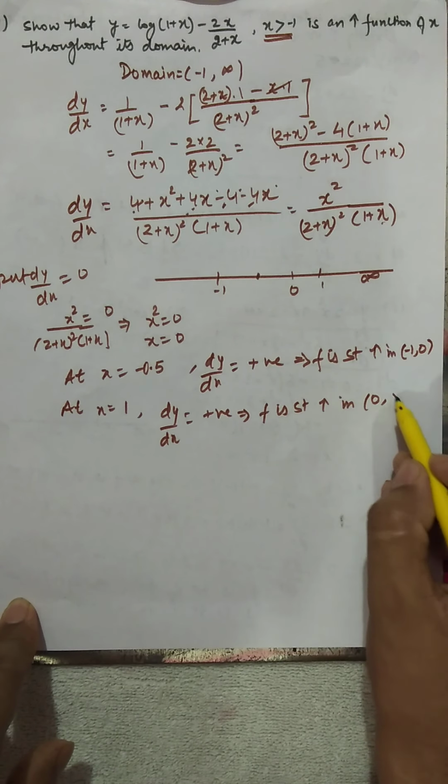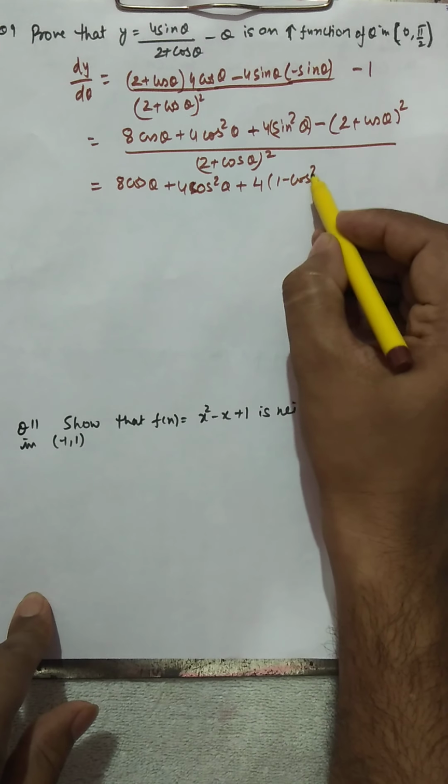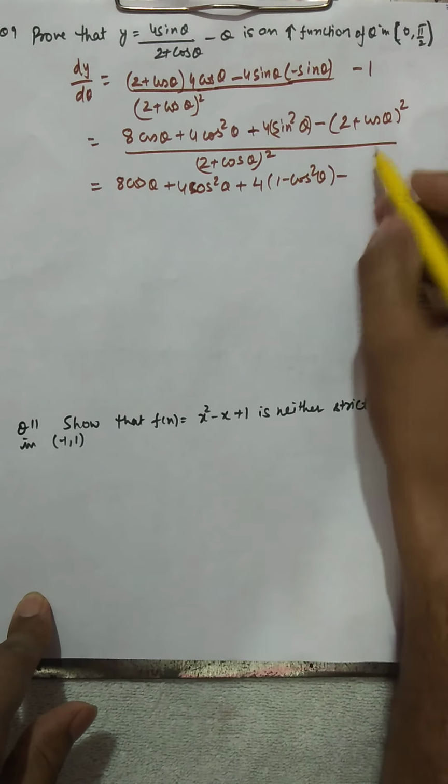This is 8 cos theta, and this is 4 cos square theta, and this sin square, you can write as 1 minus cos square. So after writing this as 1 minus cos square, it will become 4 times (1 minus cos square theta), and you can open this bracket. This is 4 and cos square theta, and this is 4 cos theta.